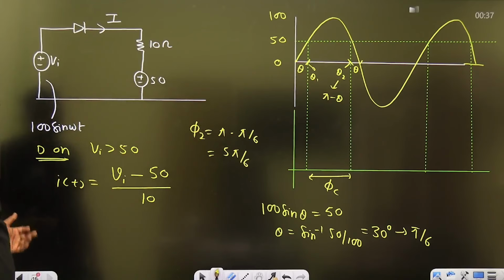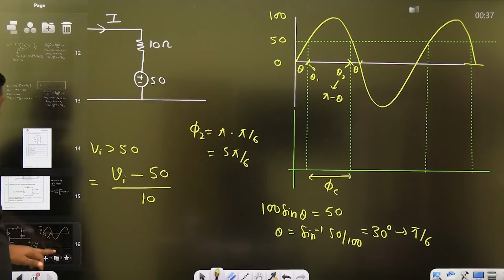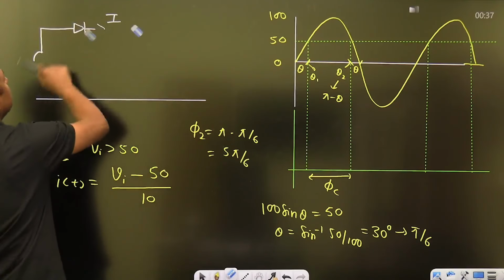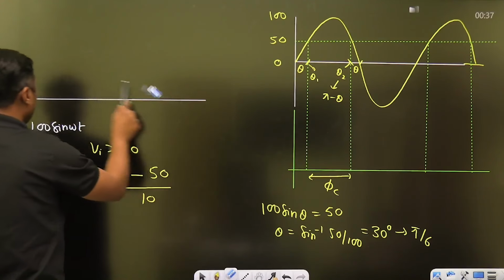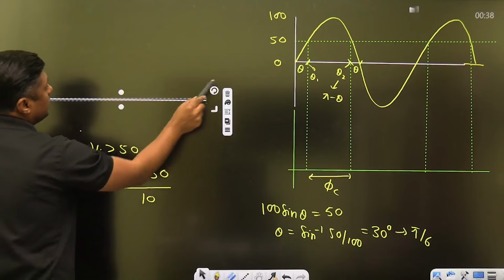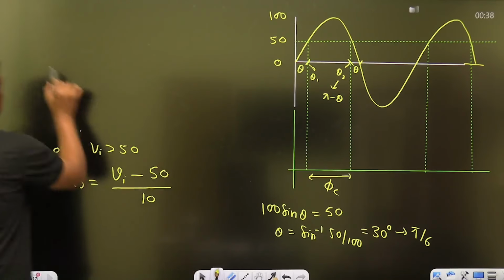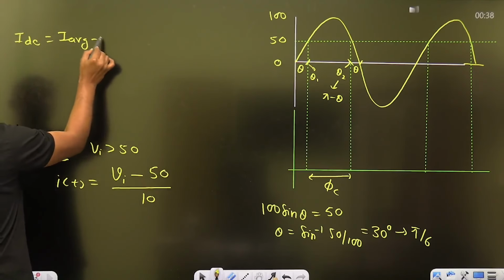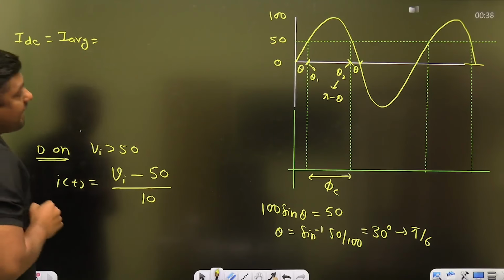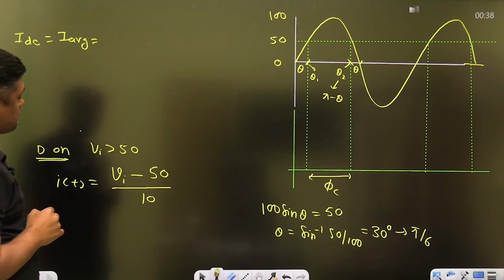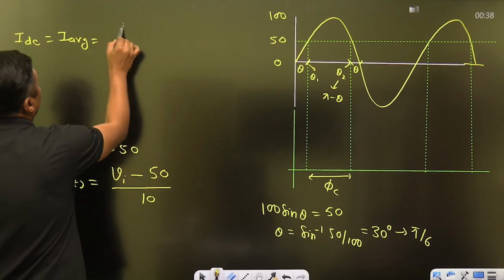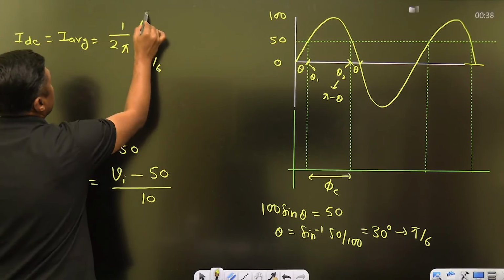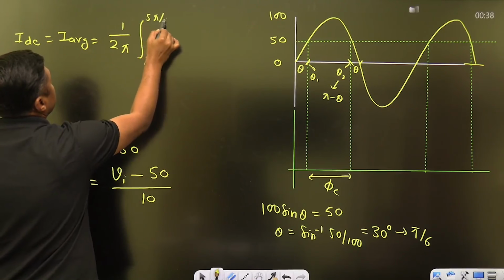This is the equation for the current. Integrate it. Now I have the range, because in the negative half the current will be 0, since the diode will be off. It will be on only for Vi greater than 50. So the average value of the current, or DC value of the current, is given by 1 by 2 pi, integral from pi by 6 to 5 pi by 6 in radian.